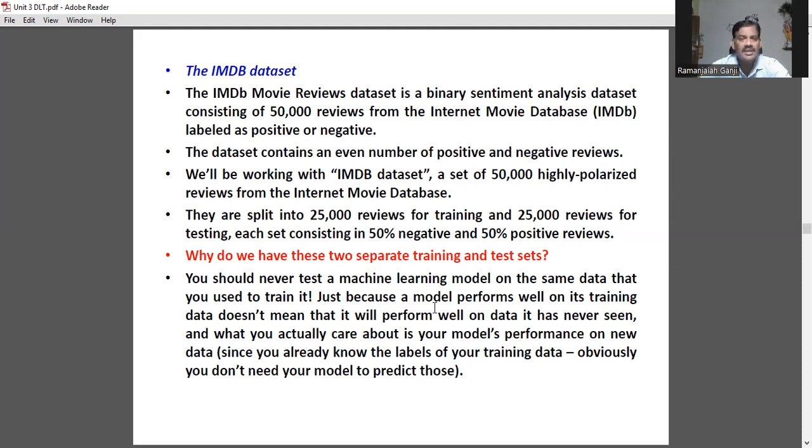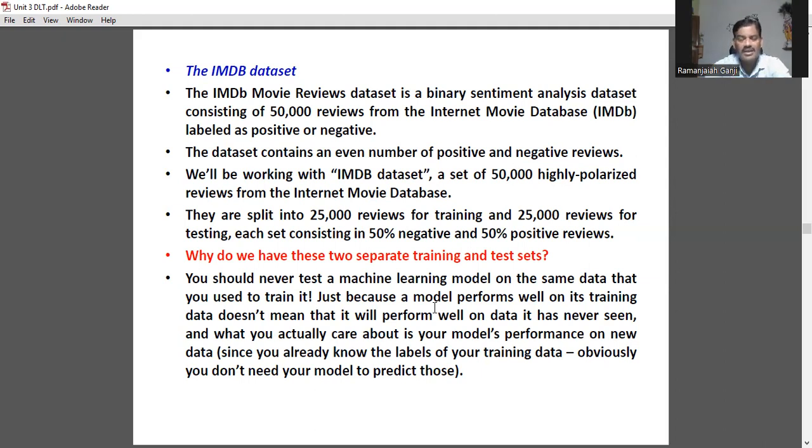This database contains an even number of positive and negative reviews. They are split into 25,000 reviews for training and 25,000 reviews for testing. That means each set consists of 50% negative and 50% positive reviews.